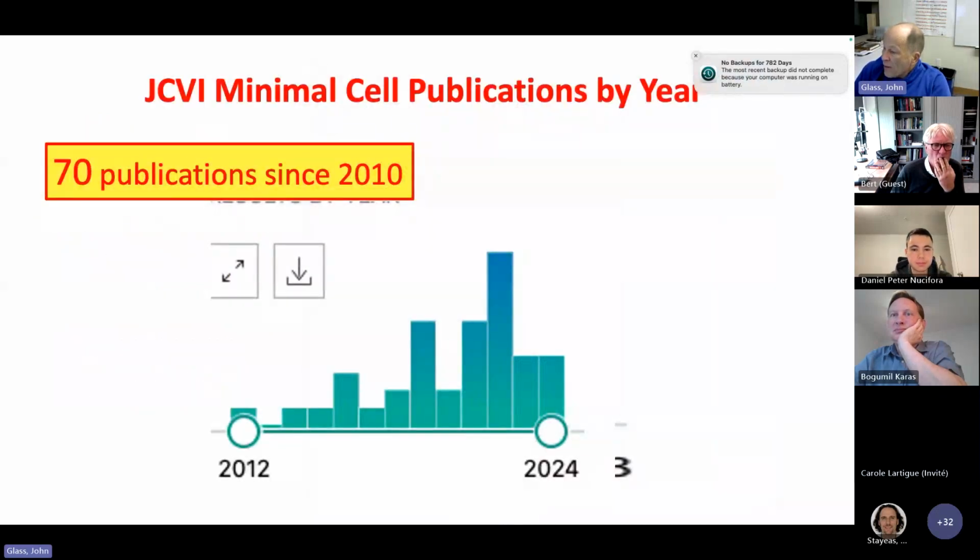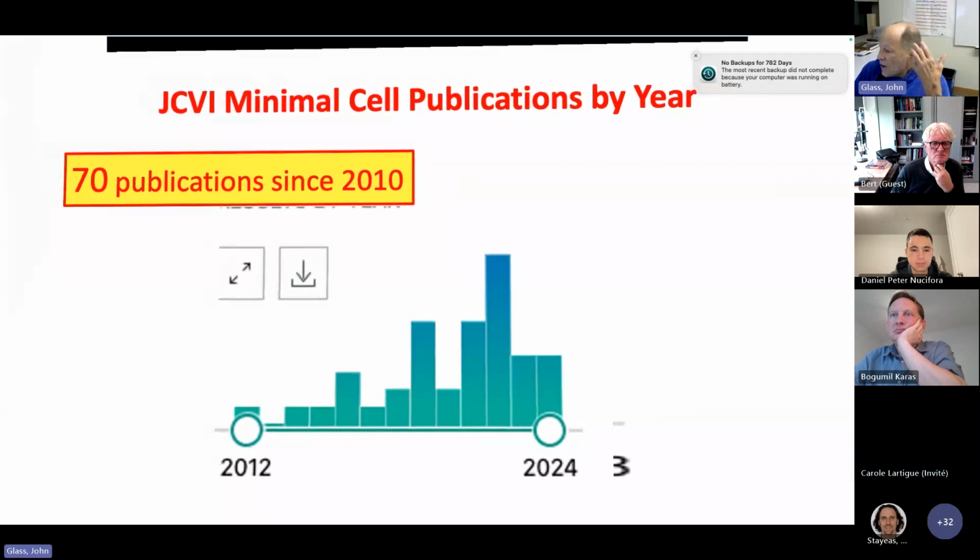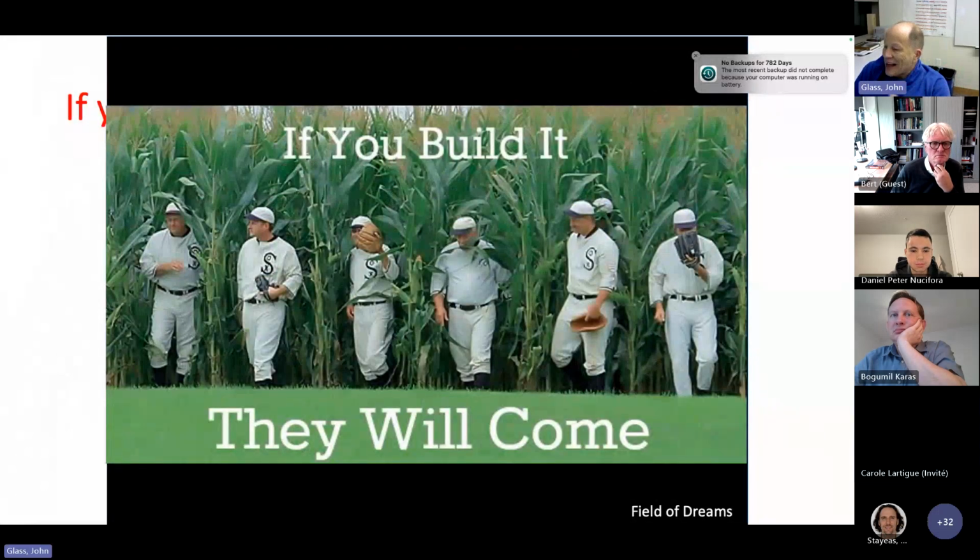We keep getting more publications. They're up to 70 publications now that mention in one way or another JCVI-SYN3, 3A, 3B, JCVI minimal cell, SYN1.0, these sorts of things. So we're really coming along. And again, this idea that if you build it, they will come.